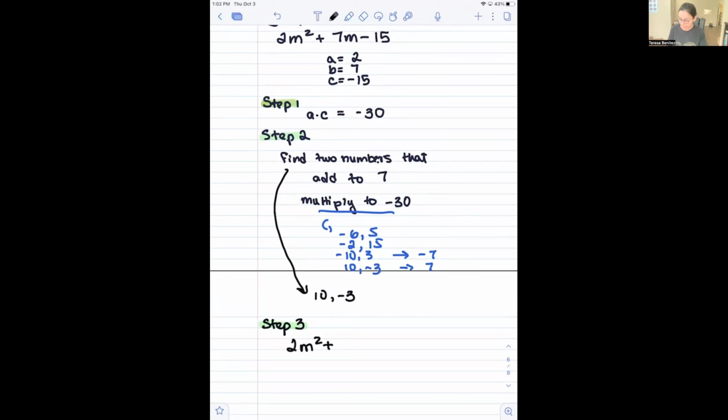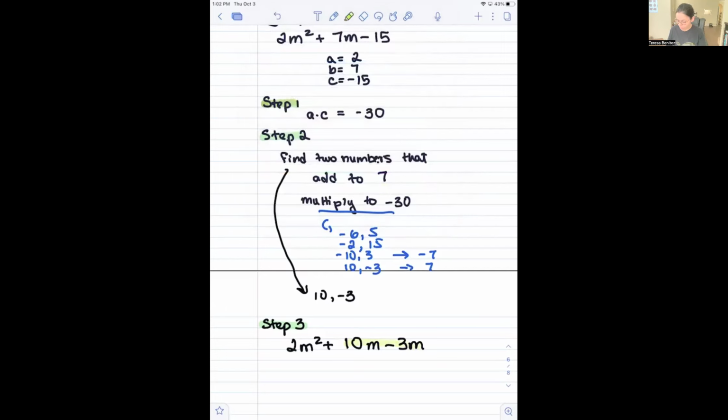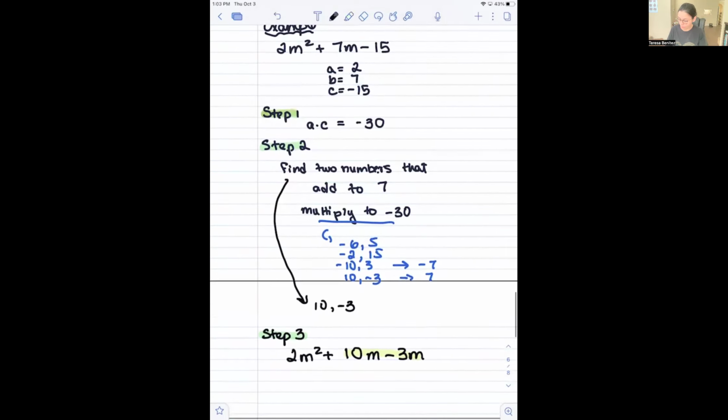I have 10 and negative 3, so I have 10m minus 3m. This is what I get from step 2. I'm just expanding that. That is still equal to 7m, like the original problem, minus 15.